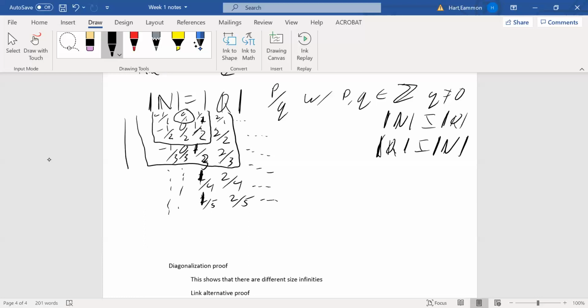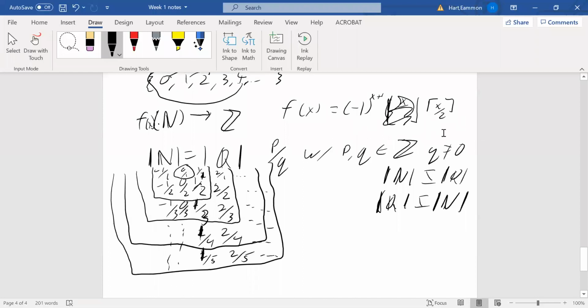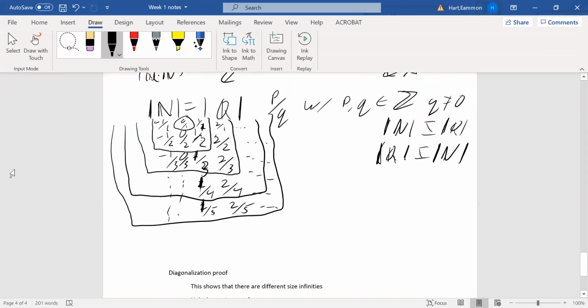And that means that any one of these representations will be covered by a finite element of the natural numbers, which means that we have a mapping from the natural numbers to the rationals, even if it's not one that we'll write out as a nice f of x equal to a function of x, like x squared or something like that, or how I was able to come up with this guy right here. We won't get anything that nice, but that doesn't matter.